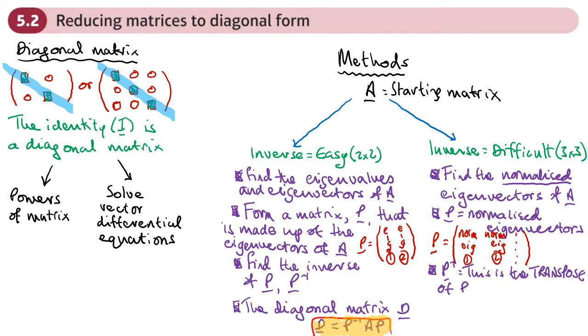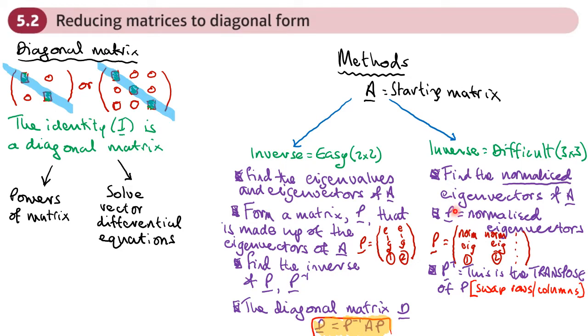To find the transpose you just swap the rows and columns. So basically the first row becomes the first column, the second row becomes the second column, and so on.